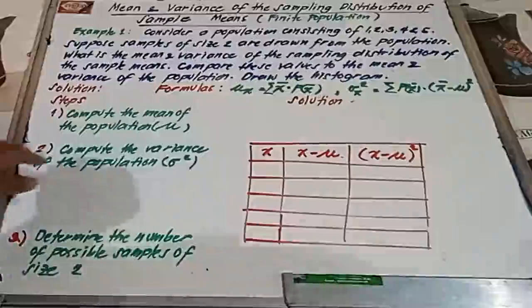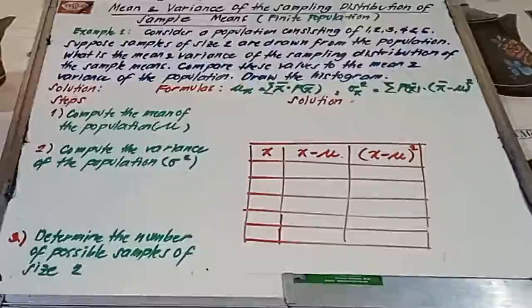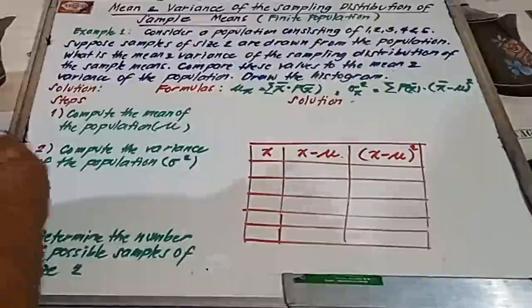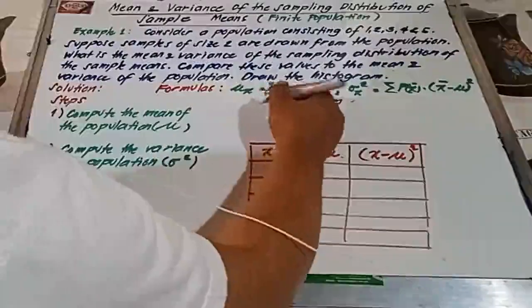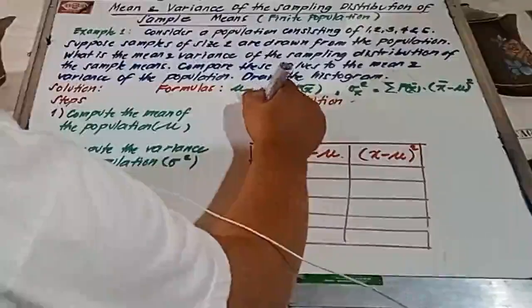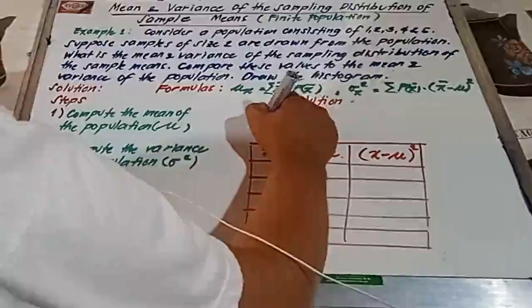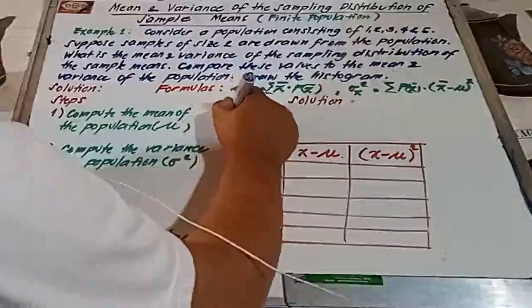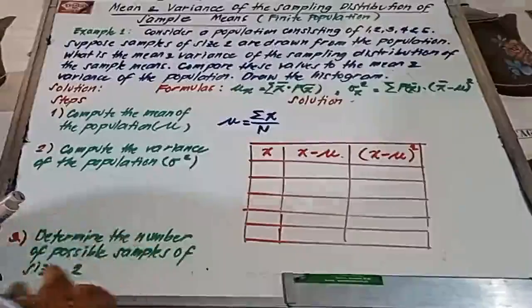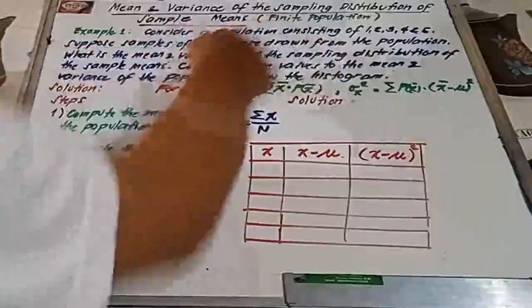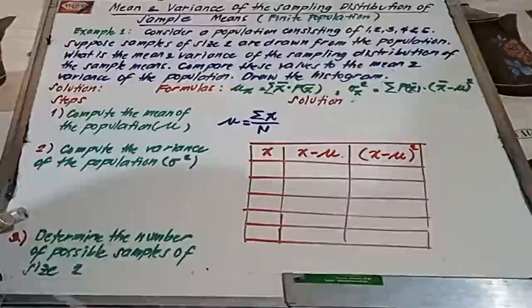The first step is compute the mean of the population. So, the formula of our mean, ganun din kung ano yung ating sample mean, that is summation of x divided by n. Okay? So, in our solution, we have summation of x over N. I use capital N for a population. Okay? Ang x natin ay yung mga values ng ating population.